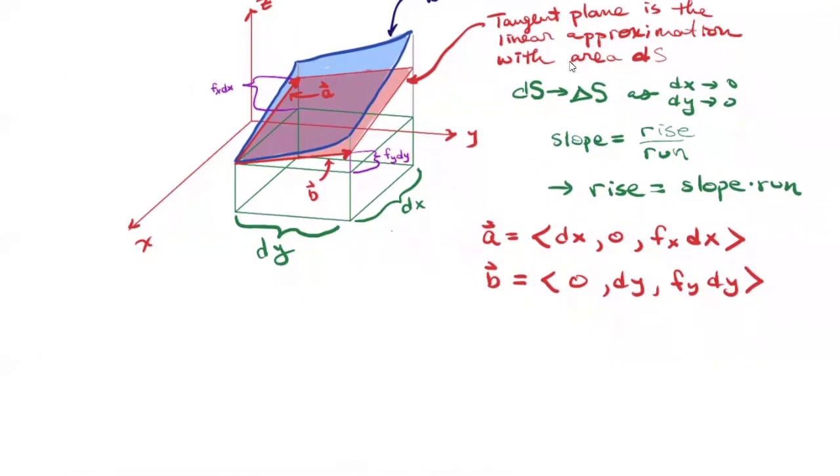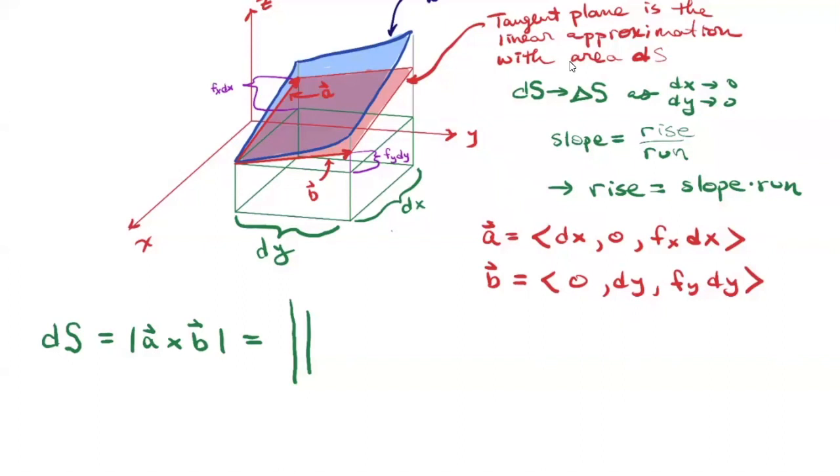Now dS would be the magnitude of A cross B. That's just the definition, one formula for the area of a parallelogram. Let's set this up. That's a magnitude, and inside is a determinant. You have i, j, k in the first row.